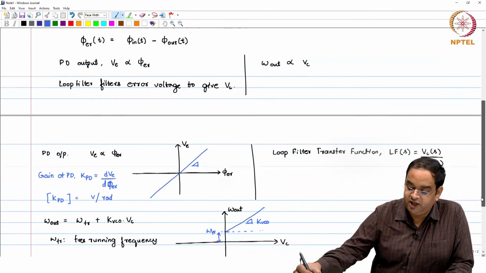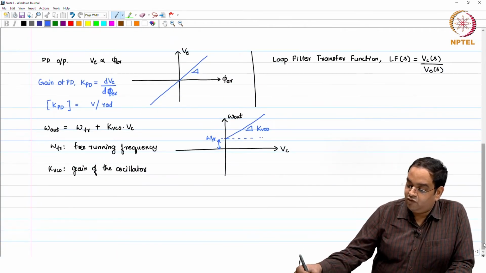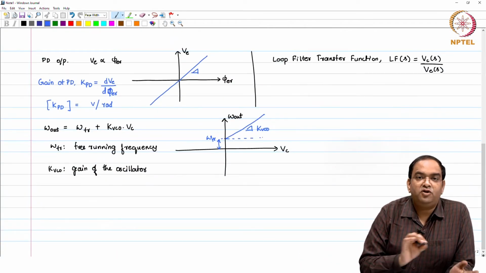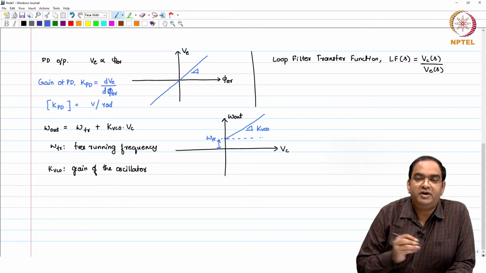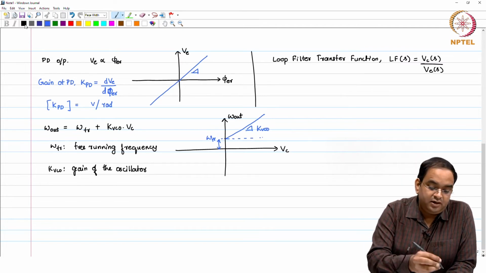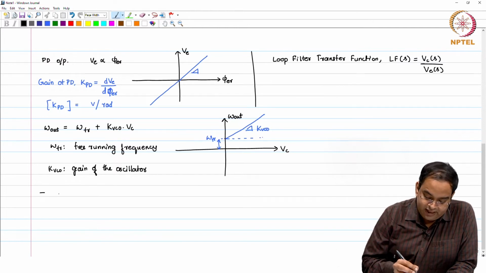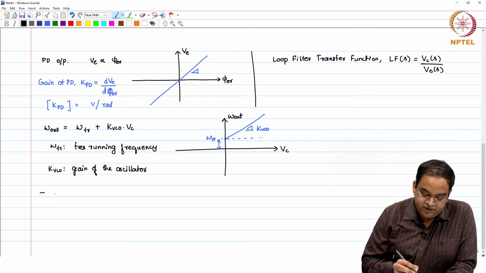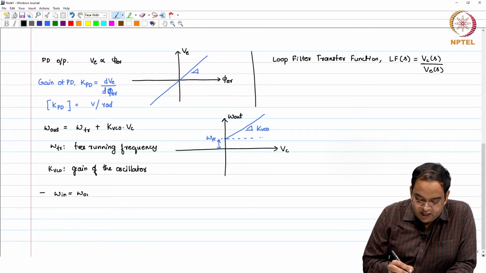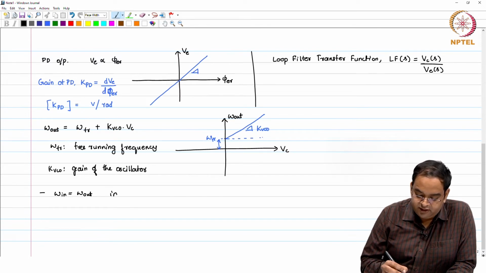In this PLL block, in a steady state, or locked state, when things have settled, the following will happen: the input and output frequency are going to be the same, omega in will be equal to omega out.